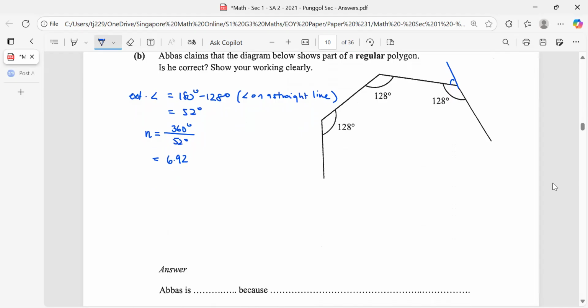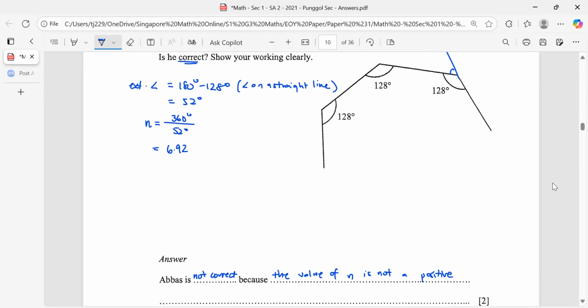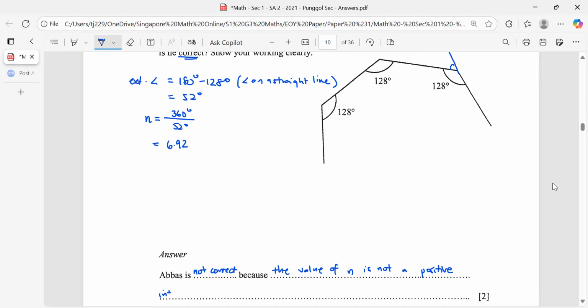So Abbas' claim, do you think it is correct? Is he correct? Abbas is not correct because the value of n is not a positive integer.